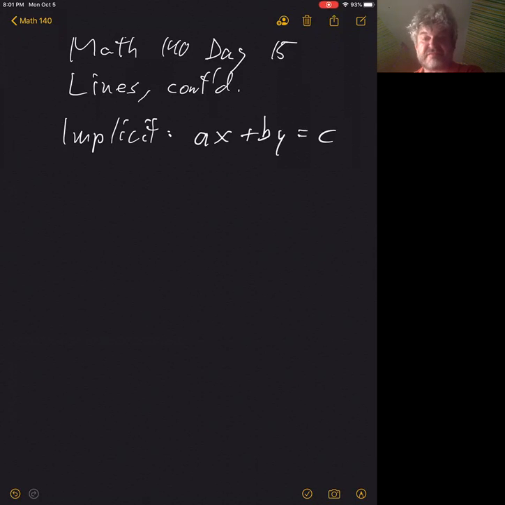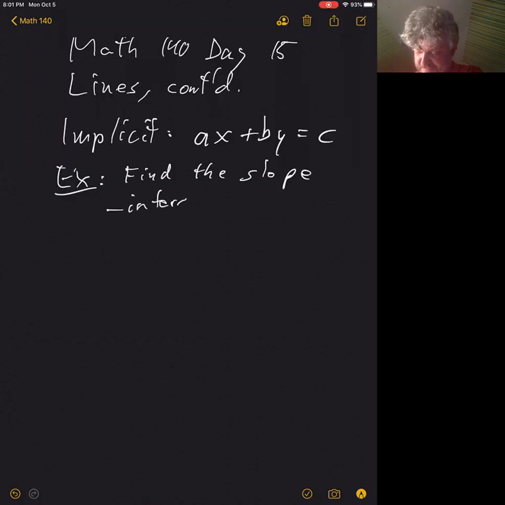And then when equations of that form come at you, you might be asked, find us the slope-intercept form of 4x minus 5y is 7.